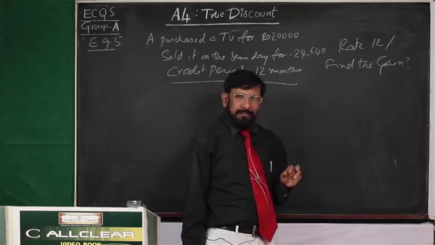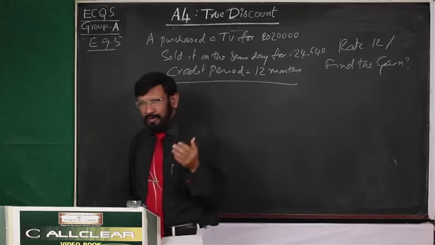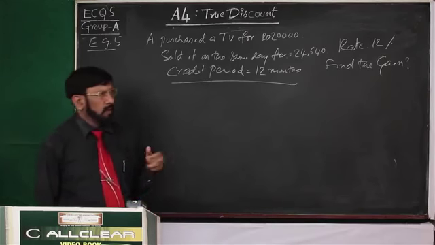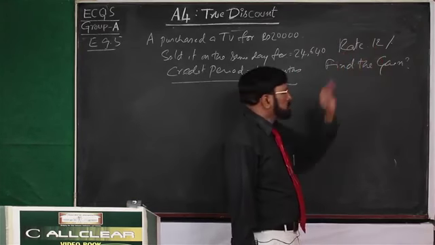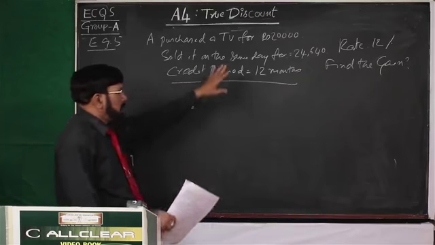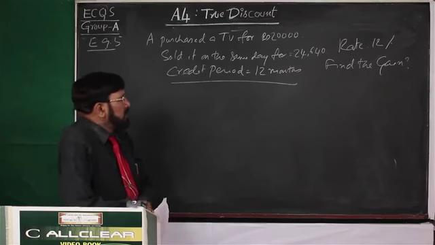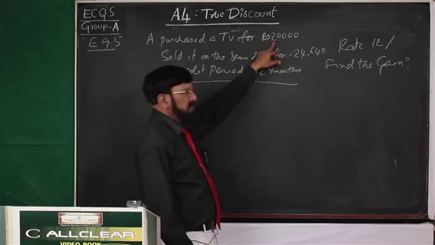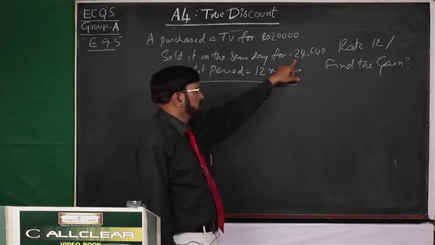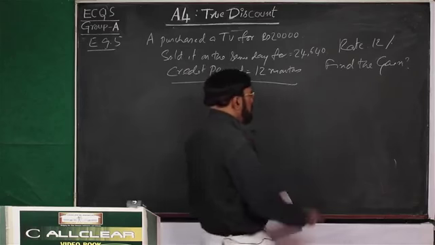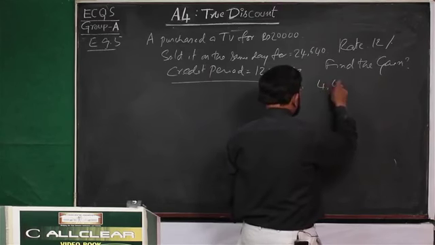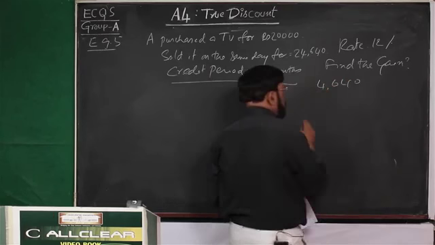That's why every time while calculating present value, we have to take a rate of interest. So prima facie, how much profit is he getting? This is CP, cost price. This is selling price, 24,640, and 4,640 is the prima facie profit.